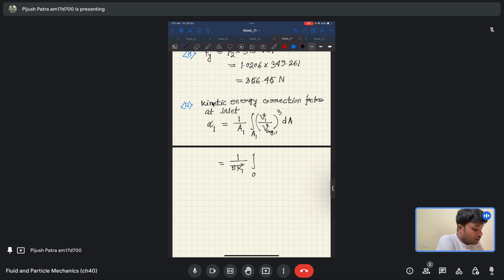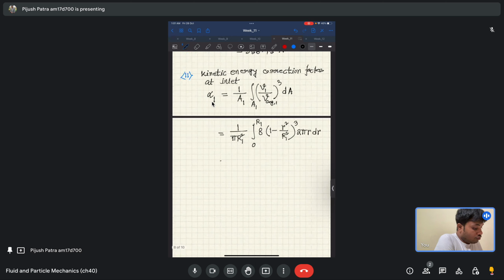Into integration 0 to r1, there will be 8 into 1 minus small r square divided by capital R square, the cube, into 2 pi r dr. That's the area element. So what is coming here?